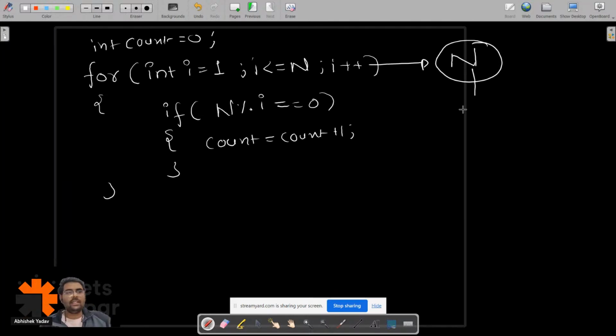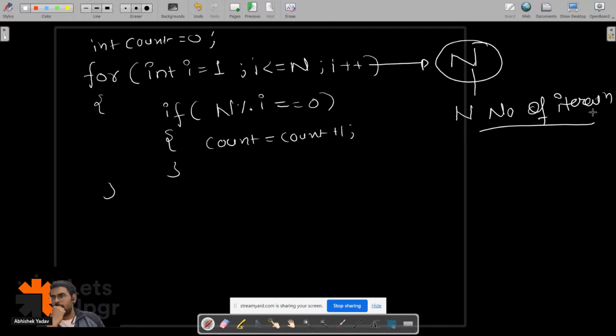Anyone? Why are we doing n iterations? Sujal says n is the input from the user. Yes, n is the input from the user. The question is clear, right? We are using a for loop and doing n iterations. So what is the reason behind doing these n iterations? Anyone?